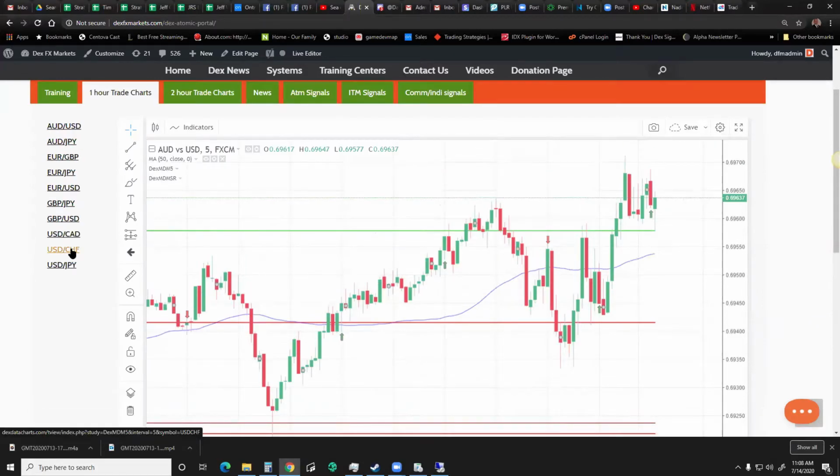So let's talk about what the over-under strategy is. Originally, when we first started trading the Dex Atomic, we would wait to simulate what the trend was, which is set here by the MA, the moving average, the blue line here, which is dotted now.